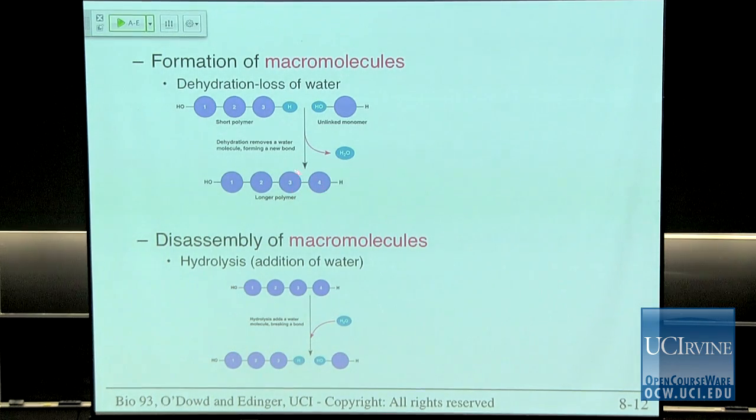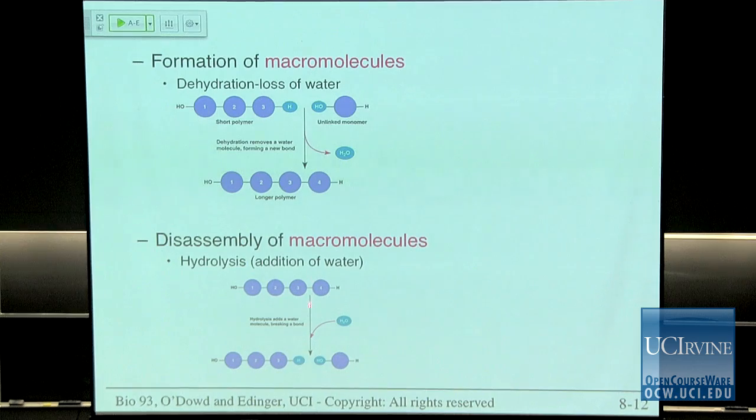You form a covalent bond between these two subunits. The name of this covalent bond depends on which type of macromolecule we're talking about. And there will be 4 different macromolecules. That means there are 4 different bond types you have to know. Disassembly of these macromolecules occurs by the process of hydrolysis. Again, an enzyme-mediated reaction in the presence of water.